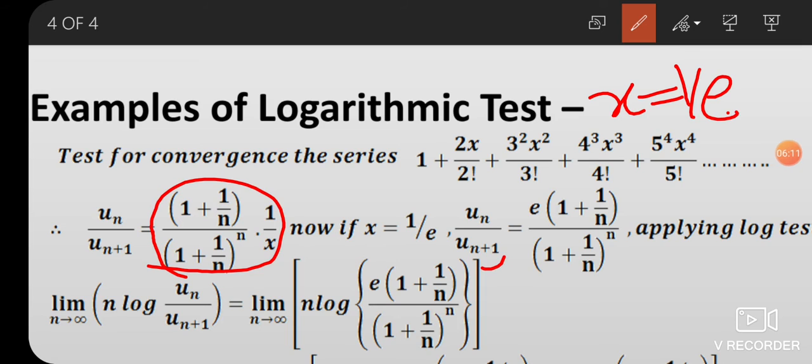un upon un plus 1 equals e times 1 upon 1 plus 1 upon n to the power n. Now apply the logarithm test. We take log on both sides and multiply by n, and take the limit as n goes to infinity.